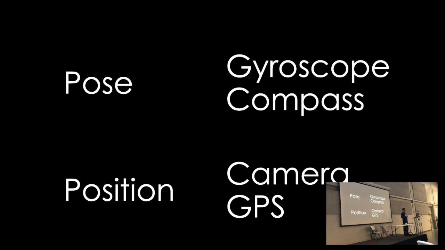And so, has anyone here heard the term 6 degrees of freedom? Okay. This is a big idea when you're talking about VR and AR. The 6 degrees of freedom start with pose, and pose would be the direction that you might be looking. You can think of it in 3 degrees. The first, on one axis, would be like nodding your head, right?